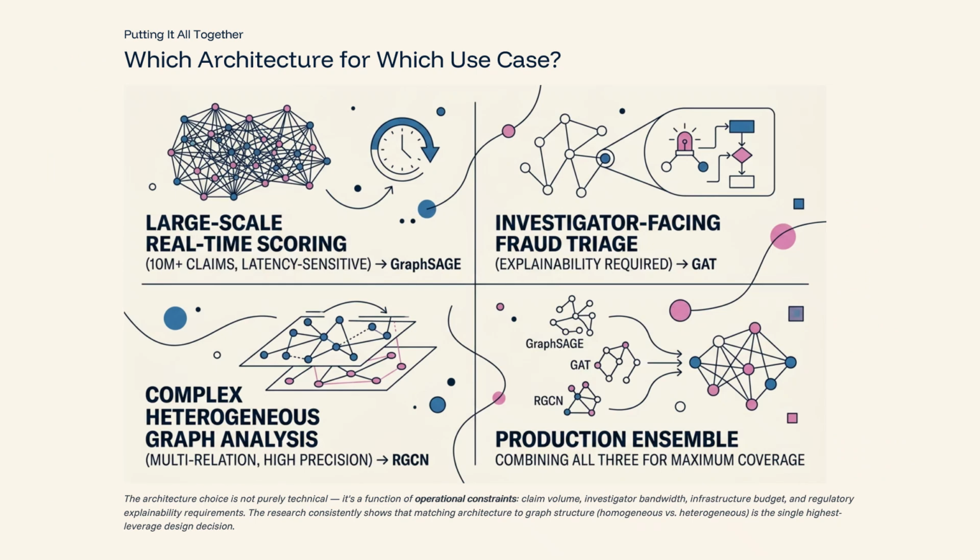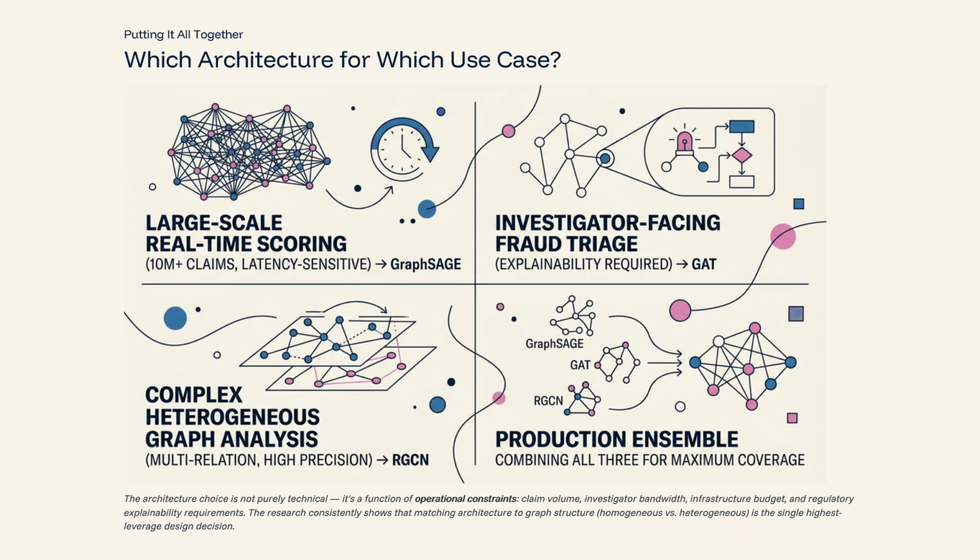Before winding up, I just want to explain the decision framework of the different architectures that we have discussed here. Heterogeneous graphs, the ones we were discussing, have multiple node and edge types. With the engineering team in place, RGCN is the most faithful architecture that fits real claims data.